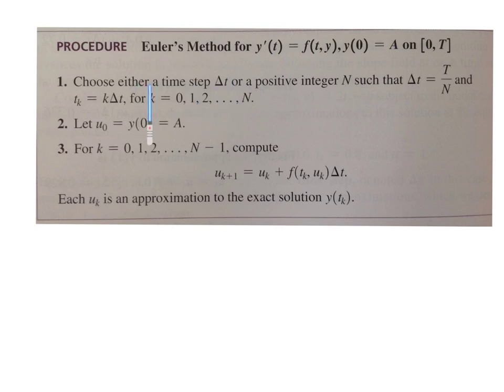Now step 1 is saying we have to have a certain time step. You're either going to be given a time step or you're going to have to figure out your own time step depending on how small a step you want.